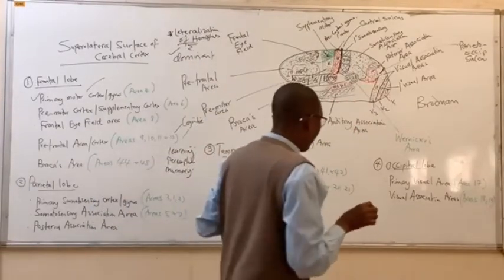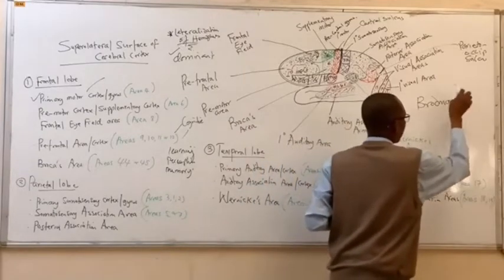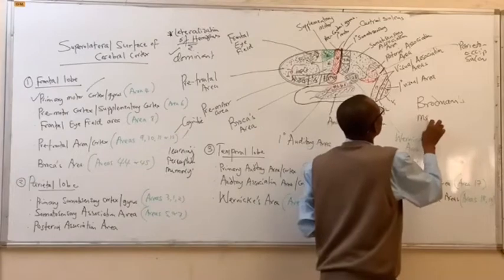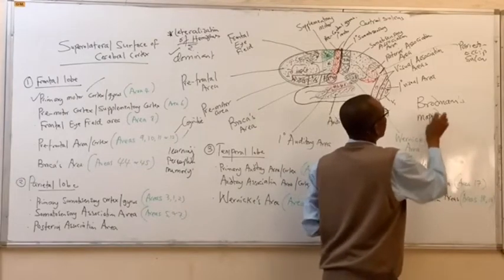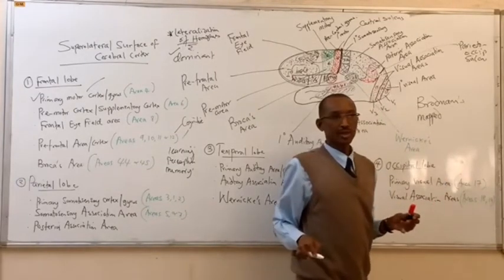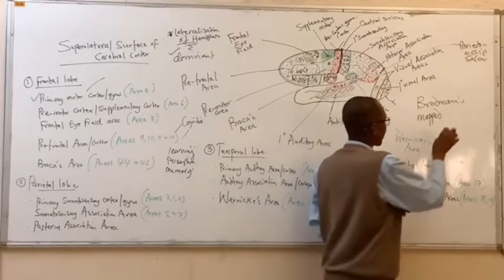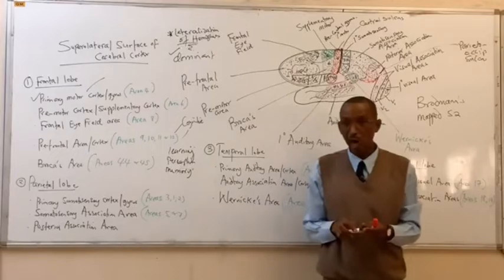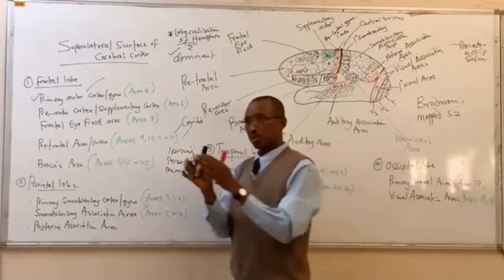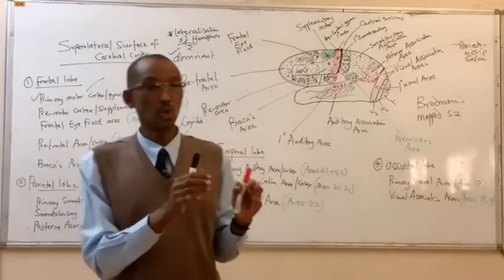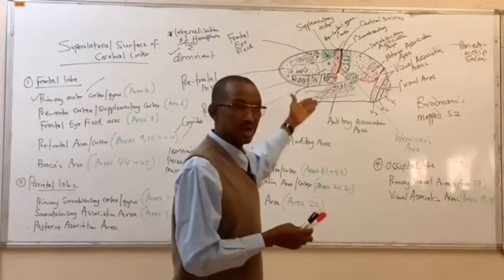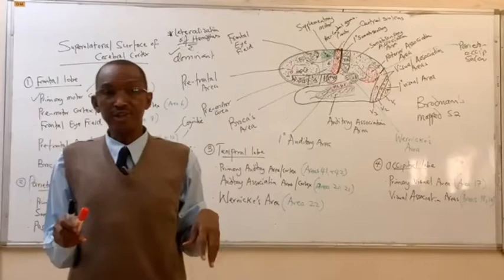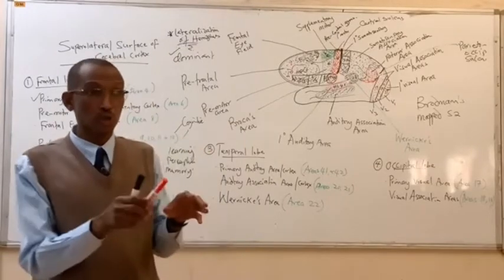So this Brodmann, we said he was a neuroanatomist, so he mapped the cerebral cortex into functional areas, about 52 important areas. So he named some important areas on the cerebral cortex, both on the superior lateral surface, inferior surface, and the medial surface.